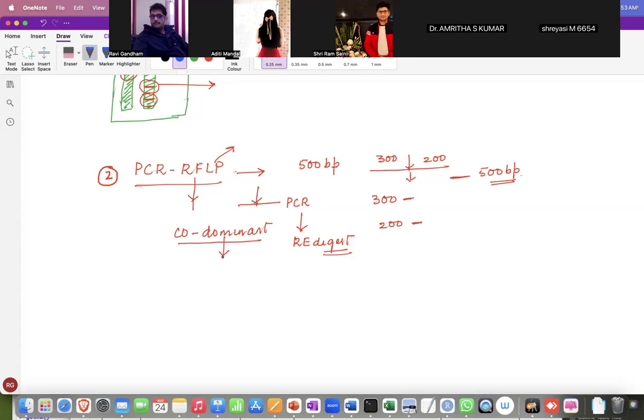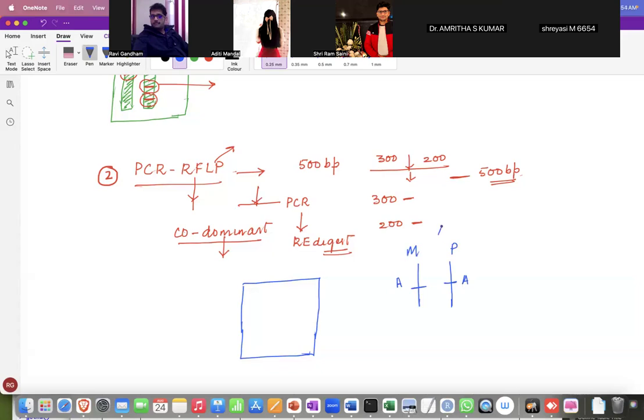Now, when you say a marker is codominant, it means, see, when you're running a gel like this, in an individual you have two chromosomes, right? One is maternal and the other one is paternal. In one of the chromosomes there is a polymorphism existing at the site, and also in the other chromosome there exists polymorphism.